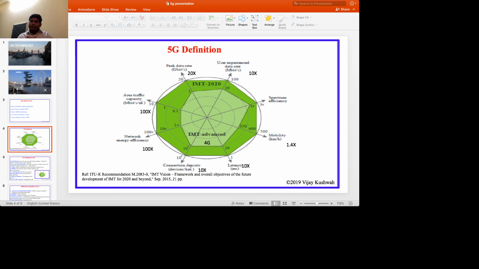Now in this picture you can see both 4G and 5G, and this is a good way to have a vision at least. This slide is actually from the reference ITU recommendation M.2083, the IMT vision, and there are lots of figures for the 5G definition.